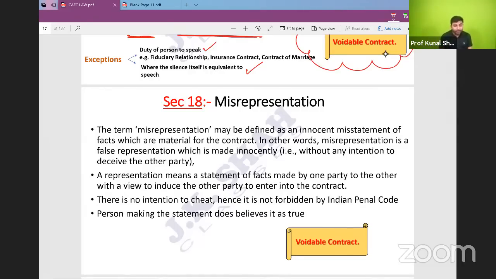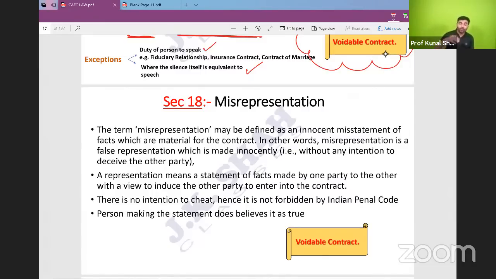Under fraud, the person is making a statement which is false, and he is doing that willfully, knowingly. But when it comes to misrepresentation, there is a false representation made out of innocence. In case of fraud, the person has an intention to deceive someone, but in case of misrepresentation, the person does not.